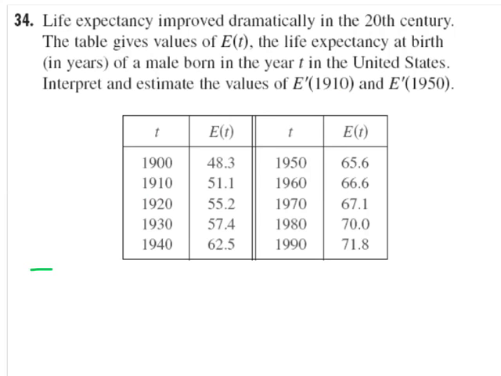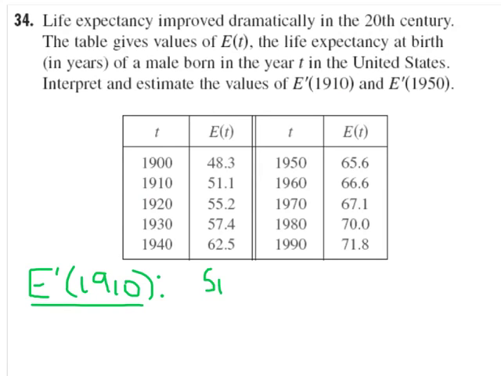So to say E prime of 1910, if we want to be organized, we could say we're going to average the slope from 1900 to 1910.